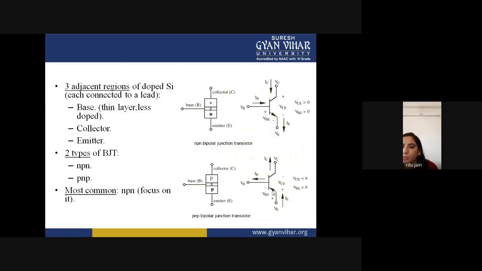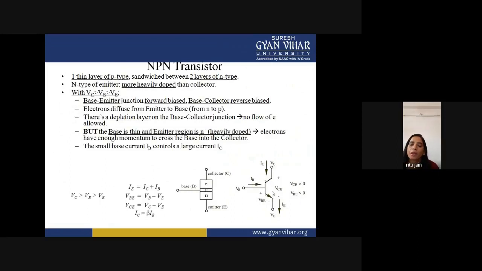Now, what is an NPN transistor? A thin layer of P type sandwiched between two layers of N type makes an NPN transistor. The N type emitter is more heavily doped than the collector, with VC, the collector voltage, greater than the base voltage, and the base voltage always greater than the emitter voltage.